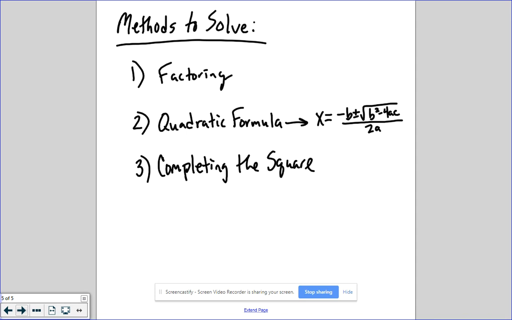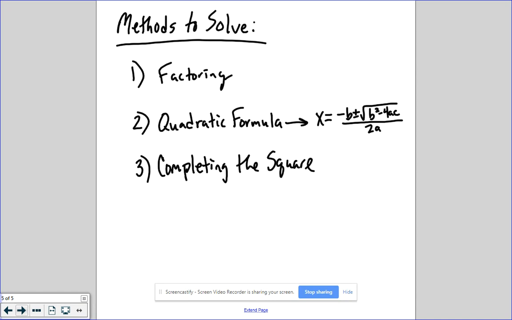Our teacher mandated that we did a whole unit only by completing the square, and I hated it. Absolutely hated it. Now, it's helped me because I now know better ways to teach this because I had to learn those ways to do it. But to me, I avoid completing the square as much as I possibly can.